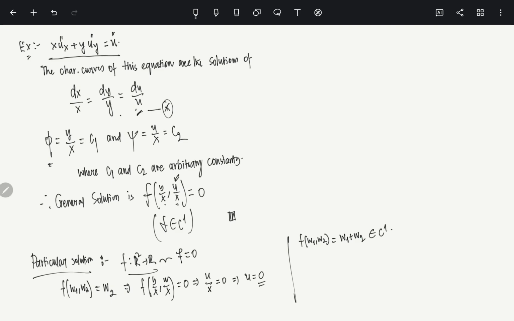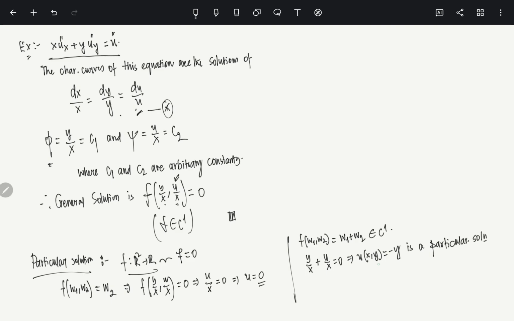It is C1. Now, the general solution is W1 plus W2 equals 0. What is W1? It is y by x plus u by x equals 0. So essentially u of x, y equals minus y should be a particular solution according to this, right? Now, is it really true?